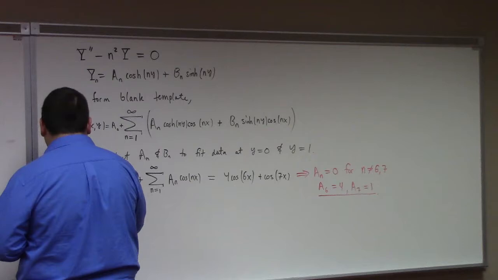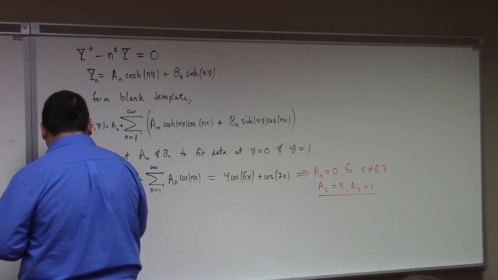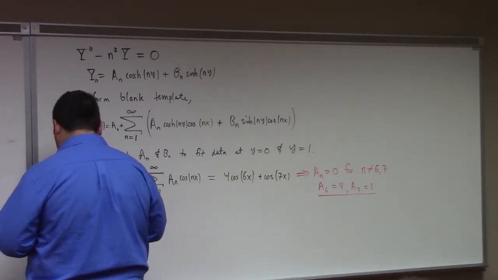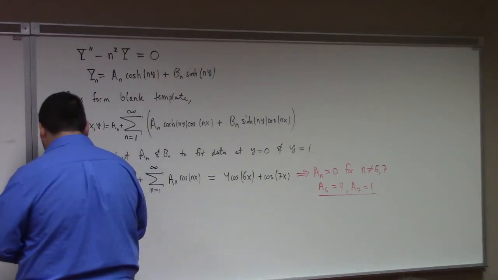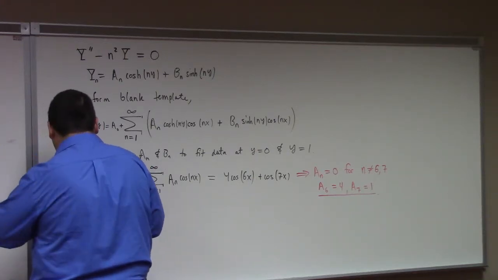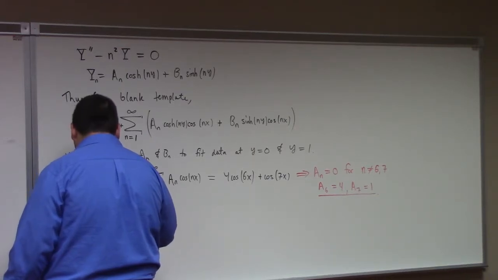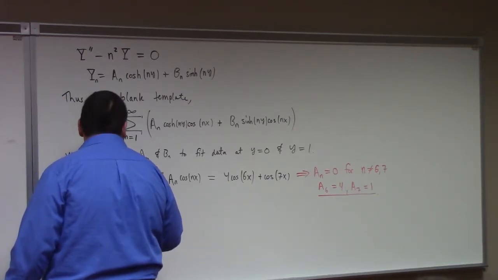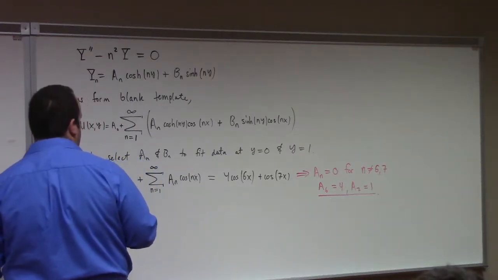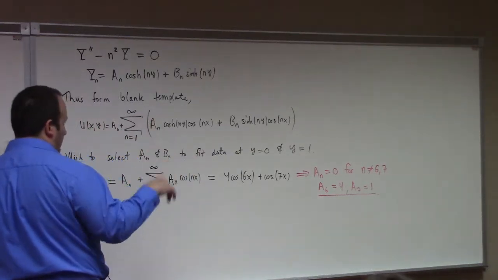What's my y equals 1 data? u of x comma 1 equals, well, we just figured out a sub naught is 0. We can drop it.